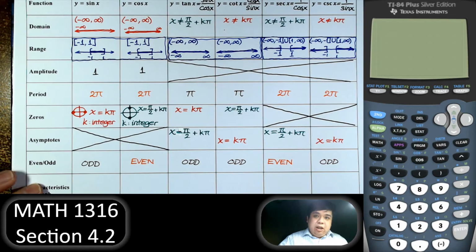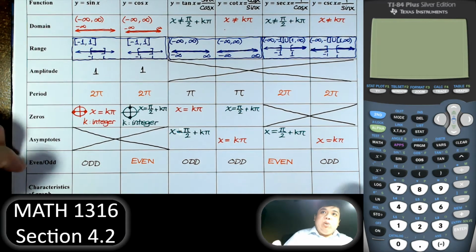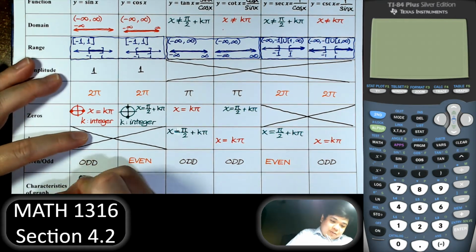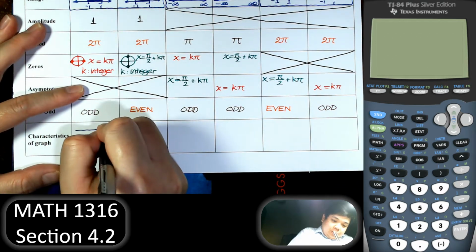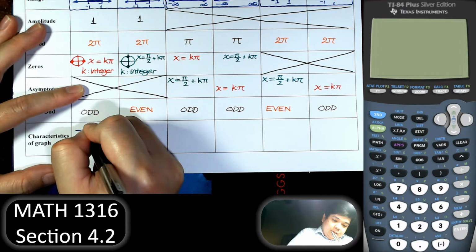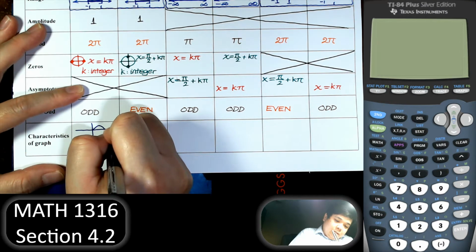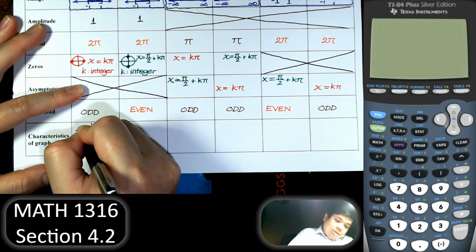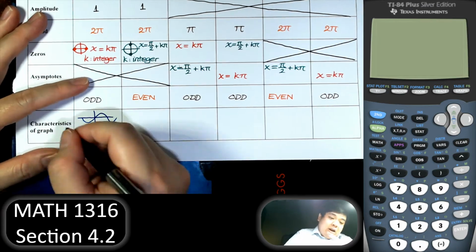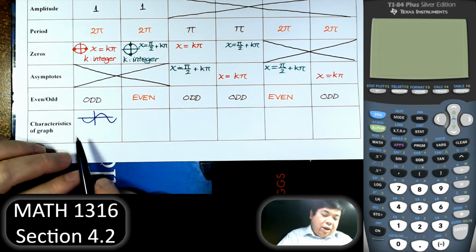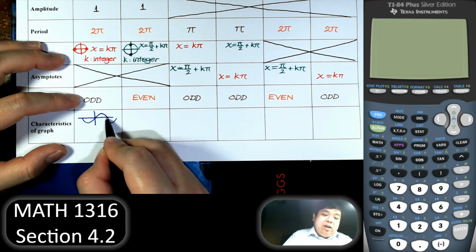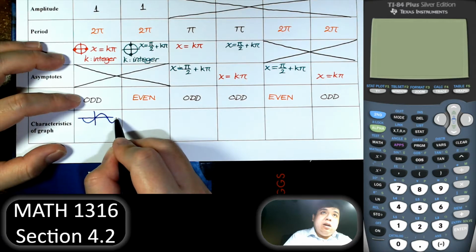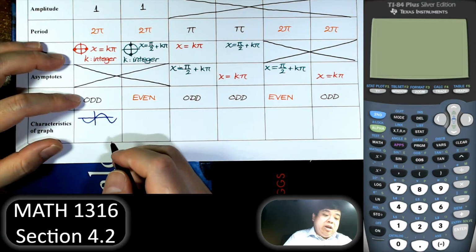For sine, we talk about this. For sine, the pattern is going to be, I'm not sure we have enough space, but middle, max, middle, min, and then to the middle.